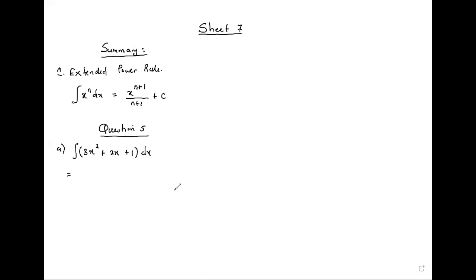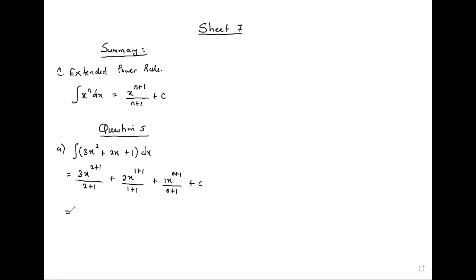The solution here is going to be 3x to the 2 plus 1 over 2 plus 1, plus 2x to the 1 plus 1 over 1 plus 1, plus 1x to the 0 plus 1 over 0 plus 1, plus a constant c. So I've deliberately shown the 0 there because we know that x to the power 0 is 1. So when there was just 1 there, it means that x was present but to the power 0.